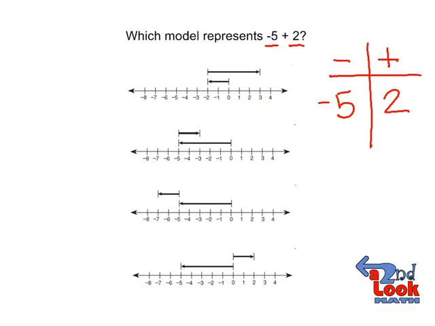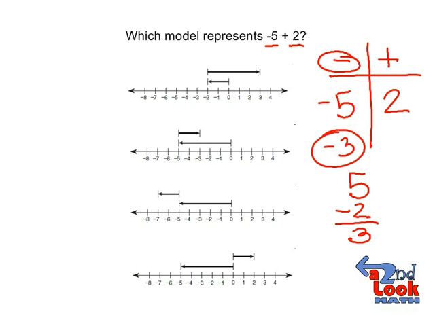Now, it's obvious that we have more negatives, so the negatives are going to win. They're going to win by however many more people they have on their side. So we've got to find the difference between the two sides. 5 minus 2 is 3. And so we can tell that they are going to win by 3, and that 3 is a negative because they have more people on their team.